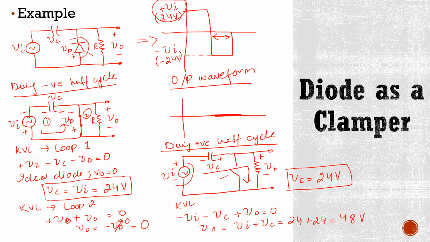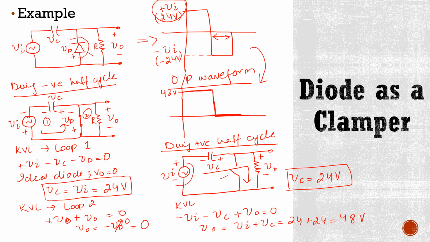So during the positive half cycle, the output waveform will have an amplitude of 48 volts. You draw the output waveform like this. Now this is 48 volts. As you can see, the signal is shifted upward.